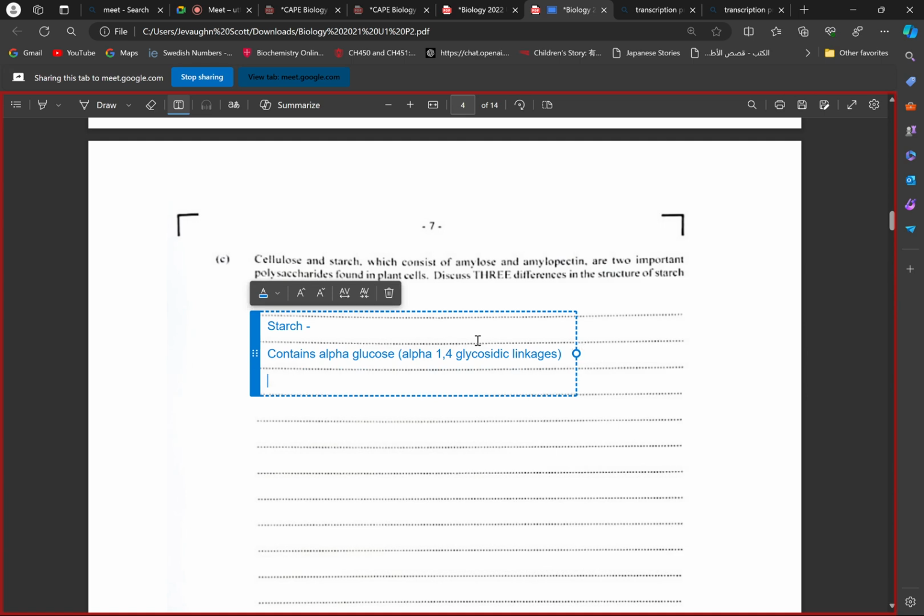What else do we have? It's a mixture. Amylose causes a helix shape and compacts together, and it is soluble in water and does not affect the water potential of cells.